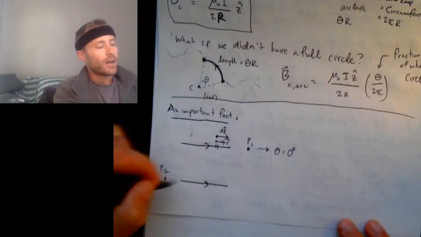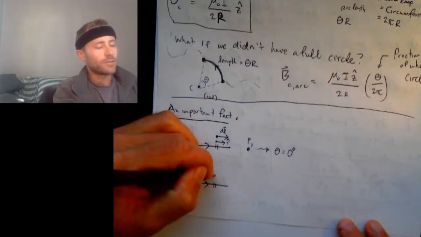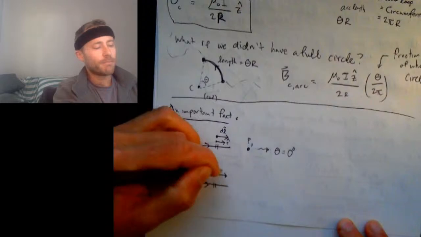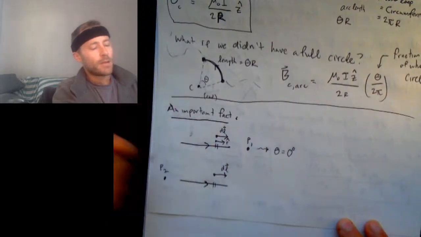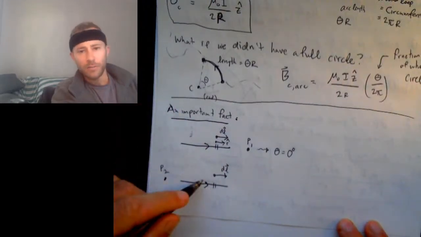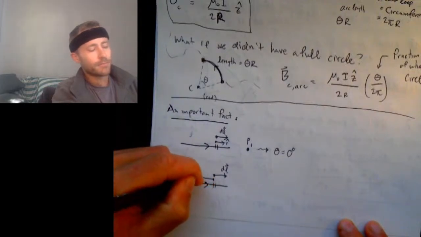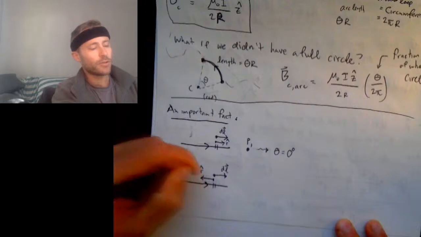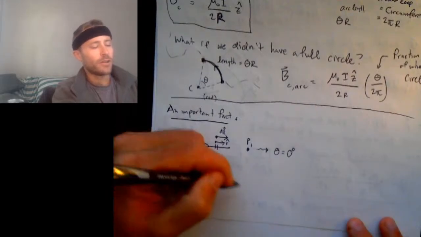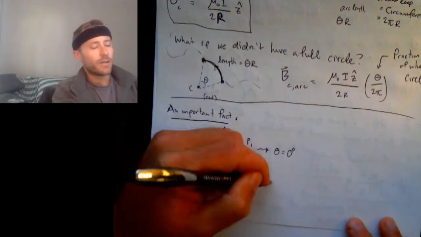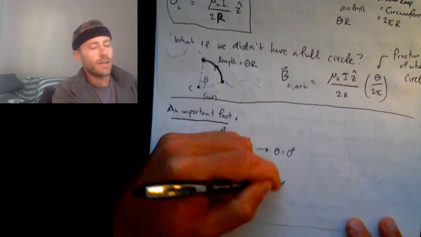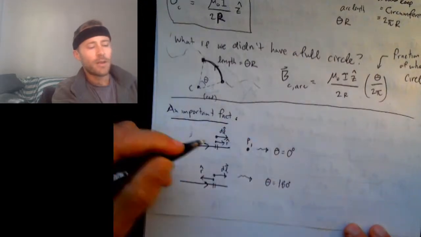Here we have our segment of wire with dl going to the right, and then our r hat vector points from the segment of wire to the point P, so it will point in the opposite direction. So here we have theta equals 180 degrees. They're anti-parallel.